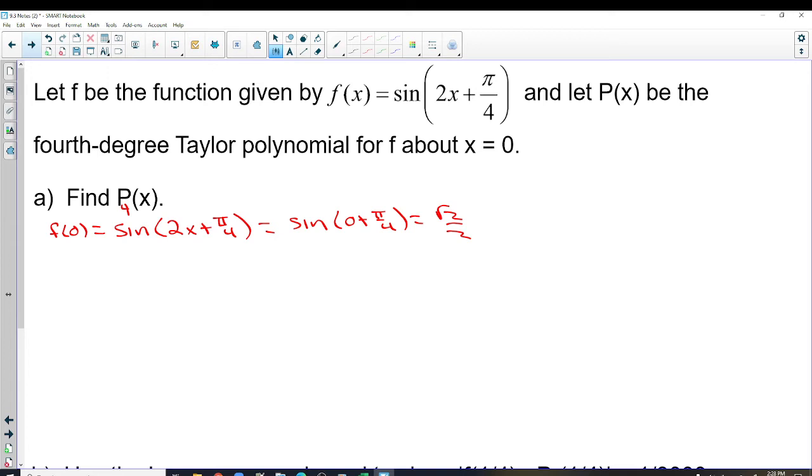Now we have to get to the 4th derivative. Here we go. The first derivative is 2 times cosine of 2x plus pi over 4, which is 2 cosine of pi over 4. So 2 square root of 2 over 2 ends up being square root of 2.